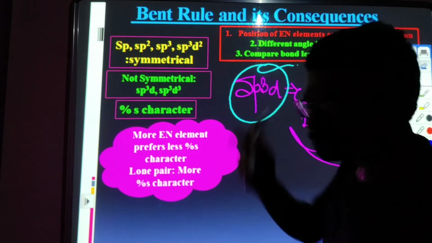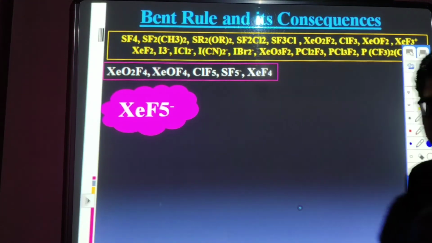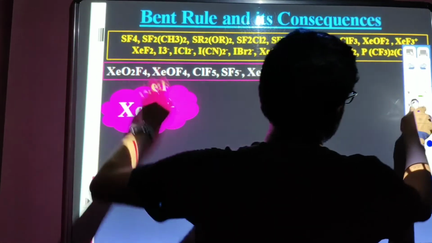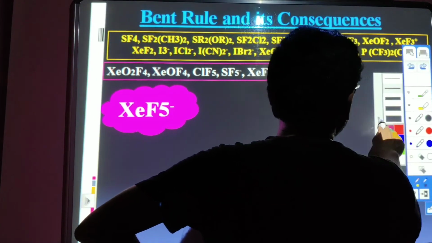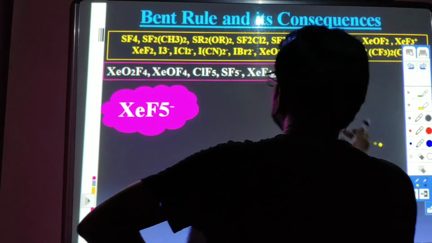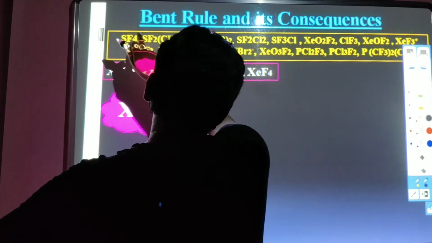Now go to the next step. So how can we draw SF4? Okay, straightforwardly I will draw. You just do the hybridizations by yourself. I will do it quickly. SF4, how will I do it? Okay, TBP.